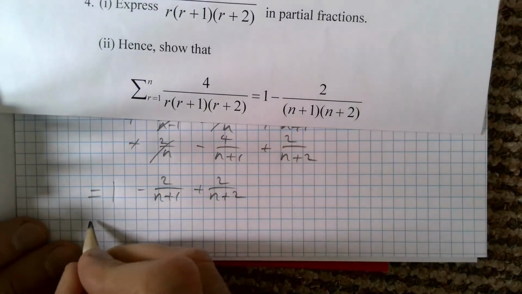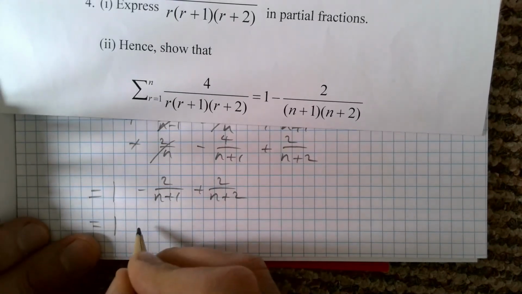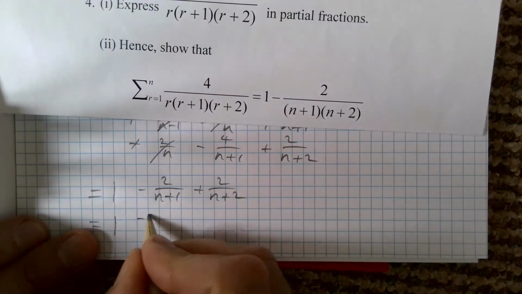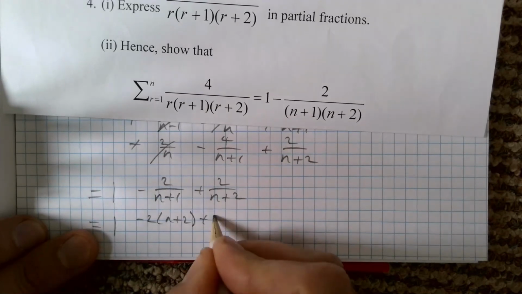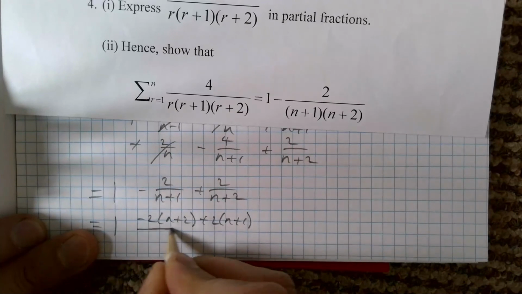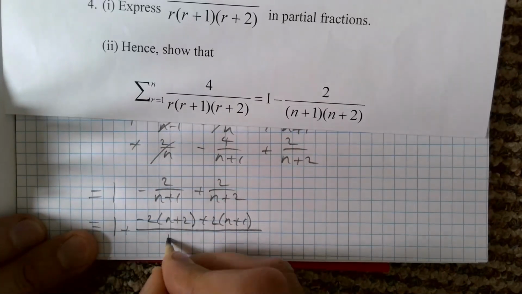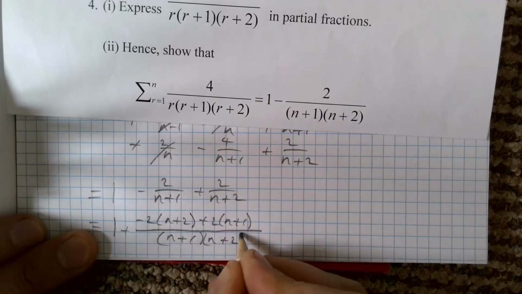So let's see. Hopefully you can see here, we're quite close to the bottom of the page. What do I want to do? So I want to do minus 2 upon n plus 2 plus 2 upon n plus 1 all over n plus 1 upon n plus 2.